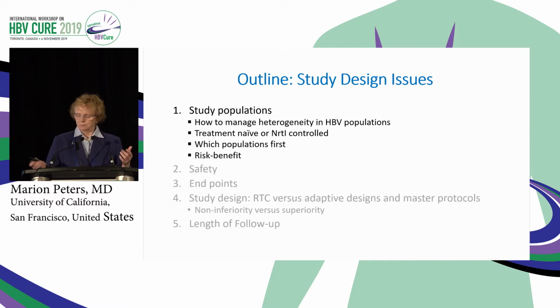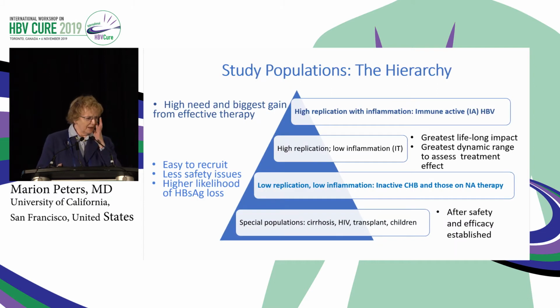So when we talk about the hierarchy, I think everybody agrees that the highest need and the biggest gain from effective therapy are those who have active disease, have chronic hepatitis, high viral replication with inflammation. But if you think about the greatest lifelong impact, those are the patients who have immune-tolerant disease.